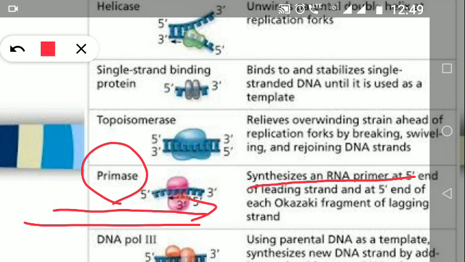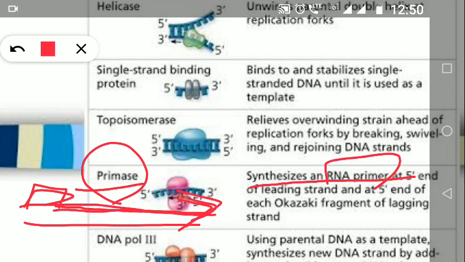Therefore the RNA primase synthesizes an RNA primer molecule, and these RNA primer molecules will be extended by DNA polymerase 3. So for the initiation of new strand synthesis, we require an RNA primase enzyme that will synthesize short RNA primers, and these short RNA primers are extended by DNA polymerase 3 enzyme.